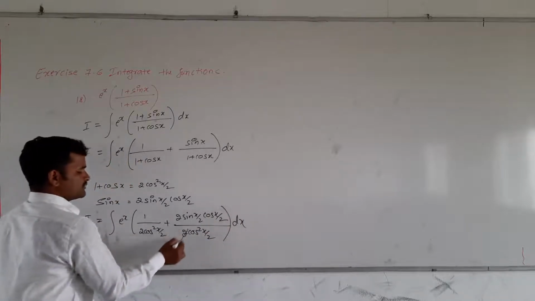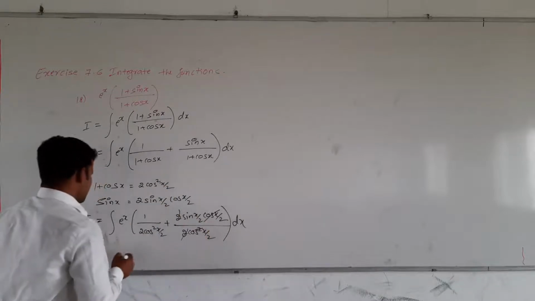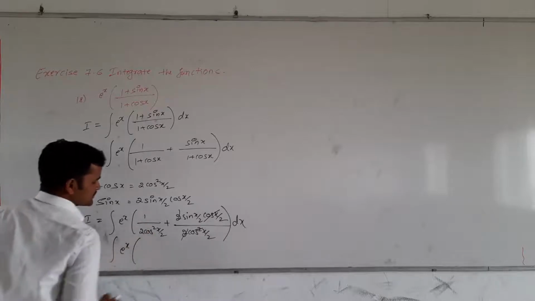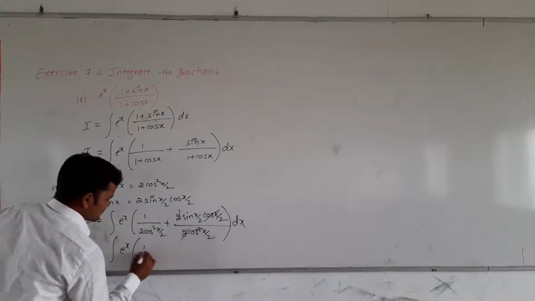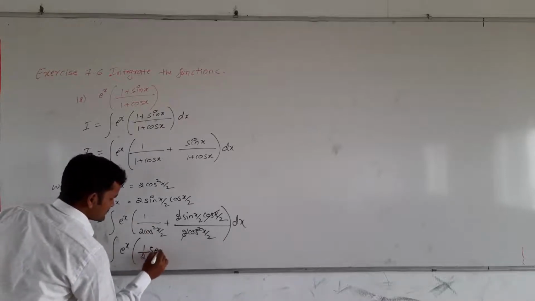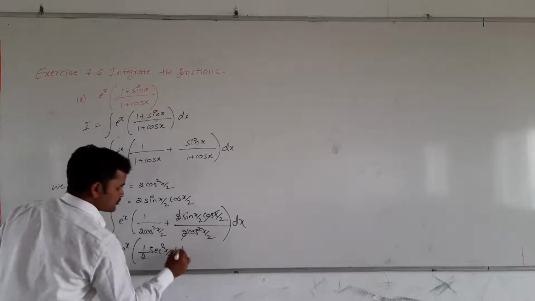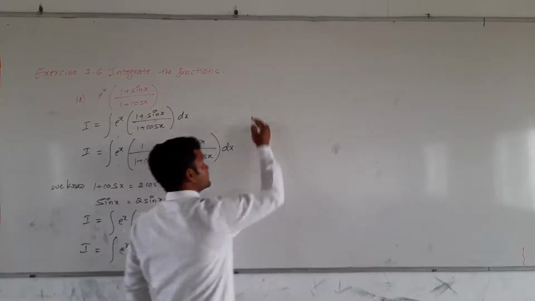Here 2 gets cancelled out, and one cos x by 2 gets cancelled out. We have I is equal to the integral of e raised to x into [1 by 2 into 1 by cos square x by 2, which can be written as 1 by 2 into secant square x by 2, plus sin x by 2 by cos x by 2, which is nothing but tan x by 2] dx.